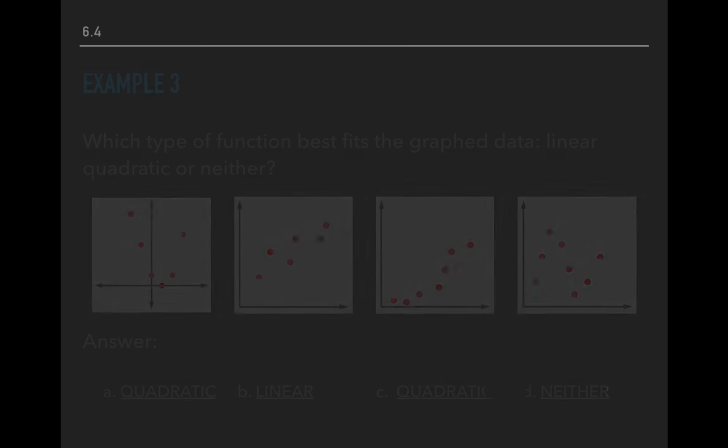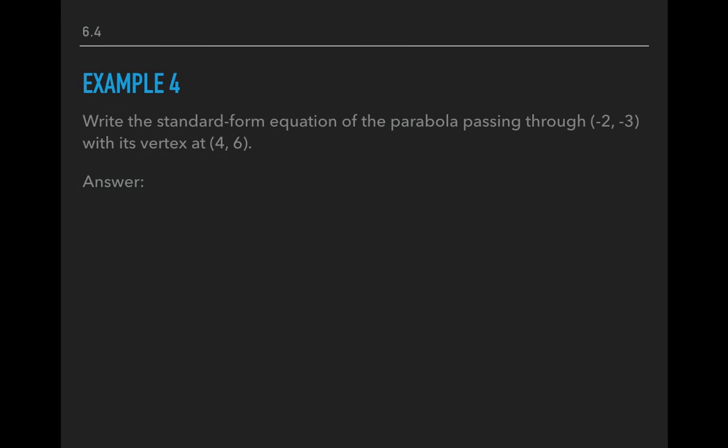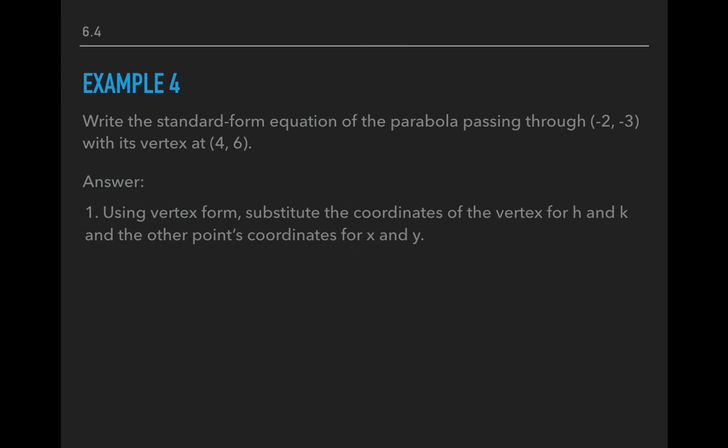Okay, one more example here. How do we find the equation of a parabola if we're given a point and its vertex? Well, let me show you how that's done. We would use vertex form because we know the vertex.